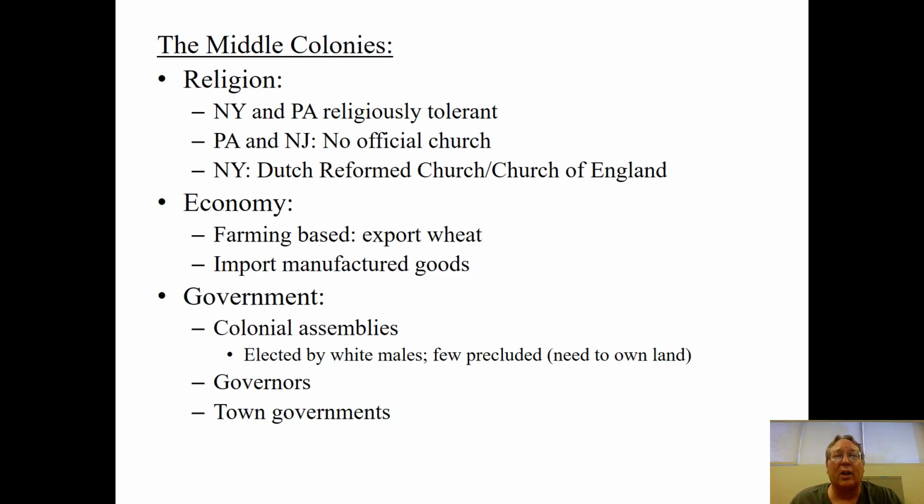Their soil is a lot richer, so you can grow a lot more. Now, it's too far north to grow things like tobacco, good cash crops, but you can grow a lot of wheat, a lot of corn, a lot of other types of foodstuffs that are very much in demand, especially in places like the Caribbean where they're growing sugar cane and can't take time to grow food for their enslaved labor populations.